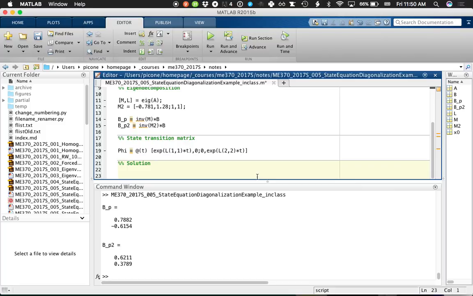We want to, the one thing that's a little tough is that we need to know phi prime at every, sorry, this is phi prime, right? Yeah, phi prime. So I'll put an underscore p. We need to know it at every value of time. That's a matrix at every value of time.